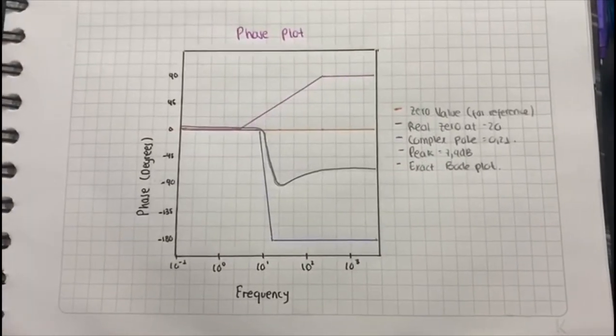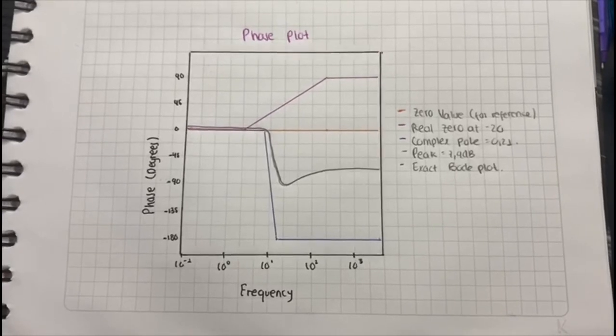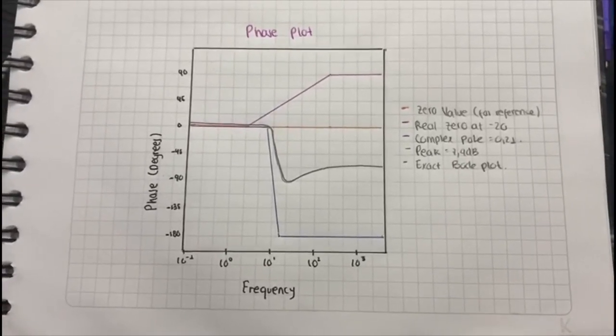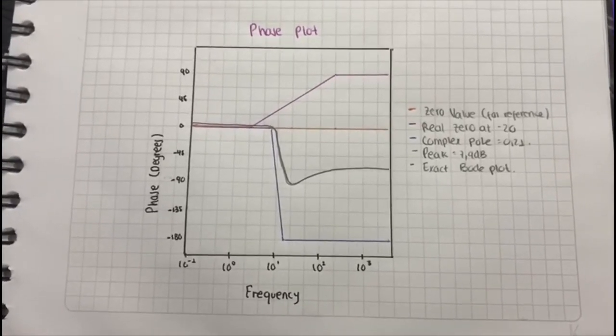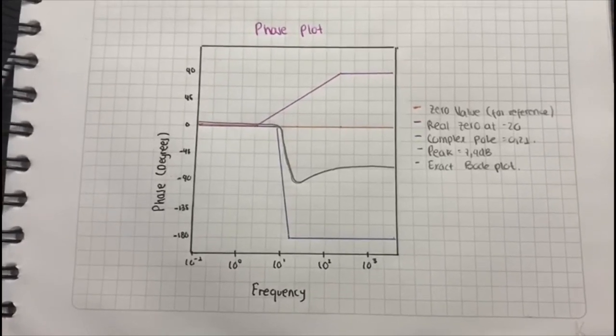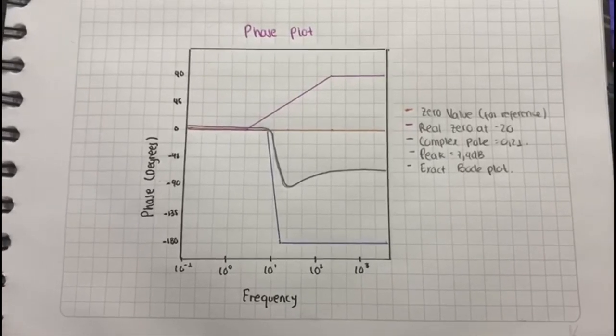On the phase diagram, the orange line also appears showing a zero reference value. In this case, the zero located at minus 20 produces a slope on the straight line that rises up to 90 degrees, while the complex conjugate pole is shown falling to minus 180 degrees.